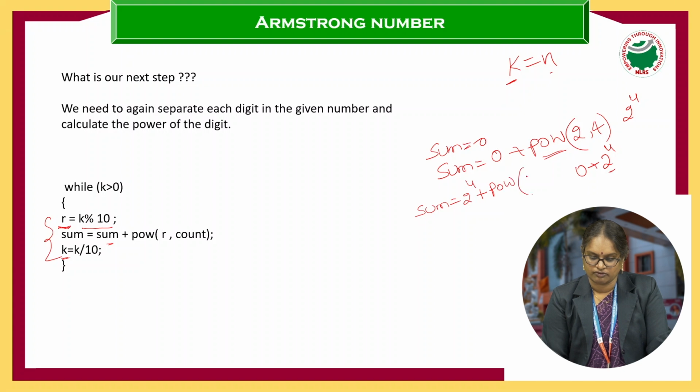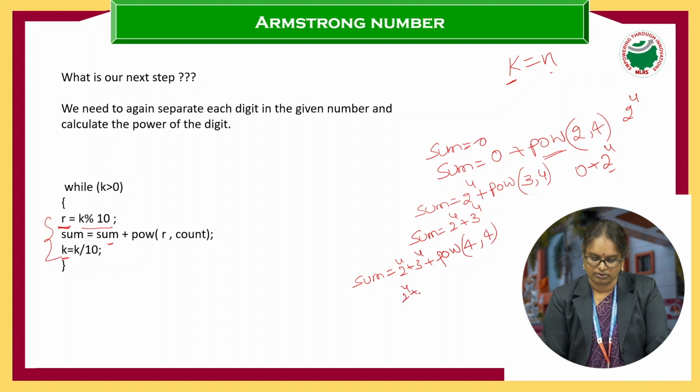pow of 1432. So 3 would be your remainder, comma 4. That means sum is equal to 2 power 4 plus 3 power 4. Next step, what happens? Sum is equal to previous sum. Previous sum was 2 power 4 plus 3 power 4, plus the new one, that is power of 1432. 4 will be your next digit, comma 4.